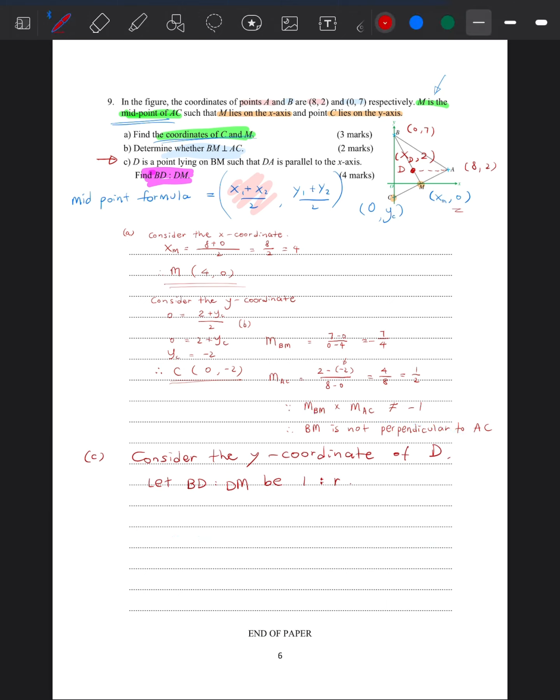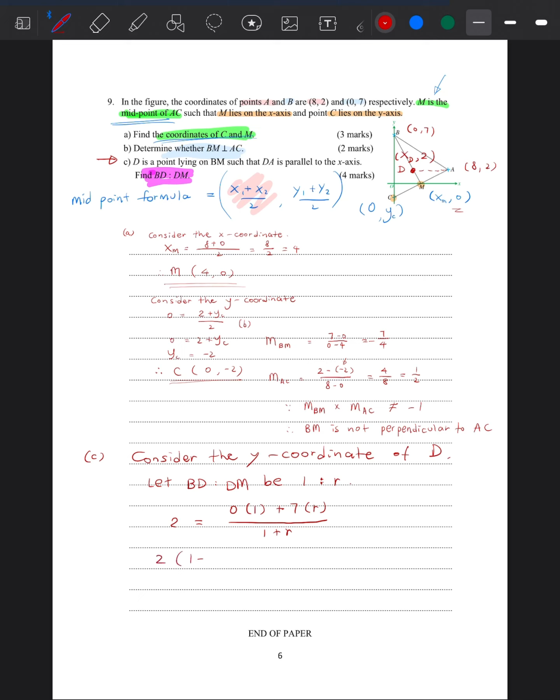So in this case here, we just have to remember the formula. So the point D, the y-coordinate is 2, and then we have the coordinate times the ratio plus the coordinate times the ratio, divided by the sum of the ratio.